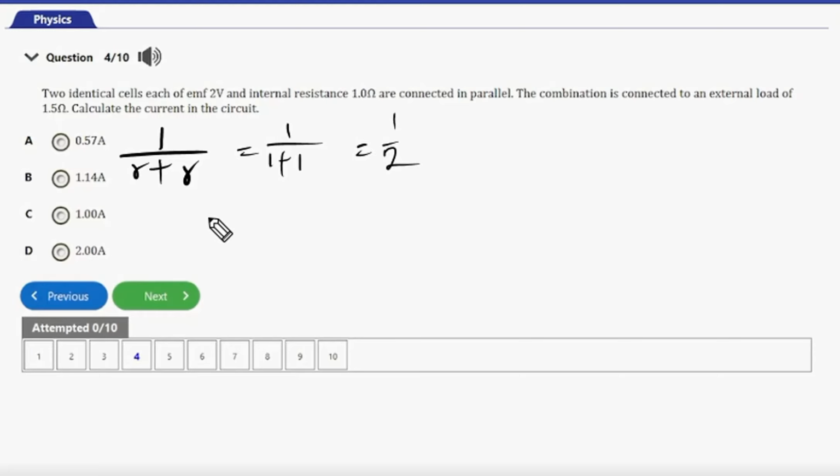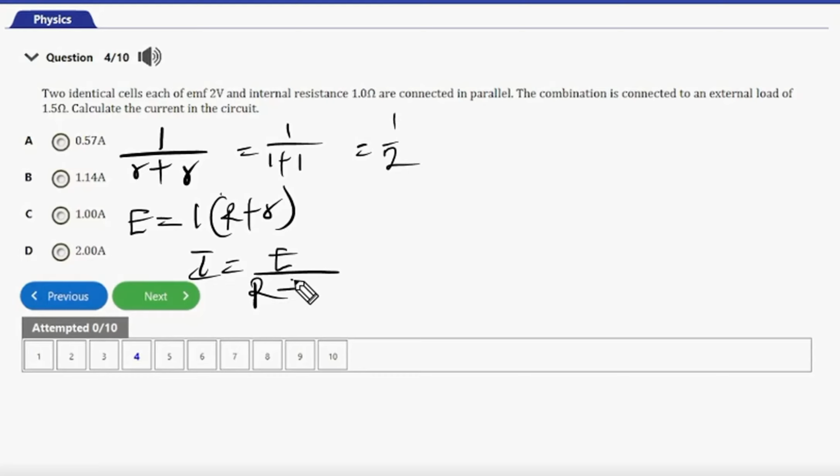Okay, so now that we've gotten this, we know that E is equal to I into R plus r. So I here will be E over R plus r. But for E, since this is a parallel connection, the effective EMF here will still be 2.